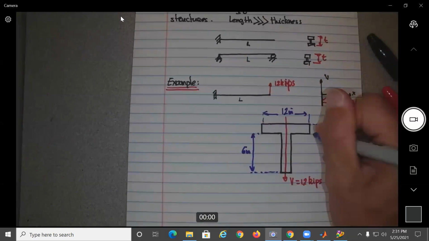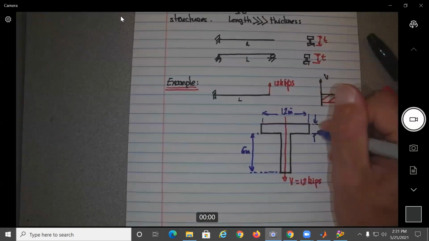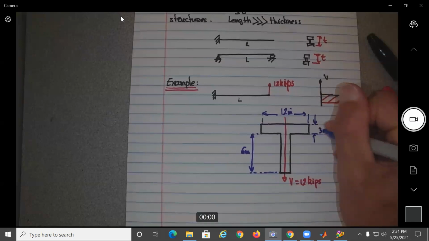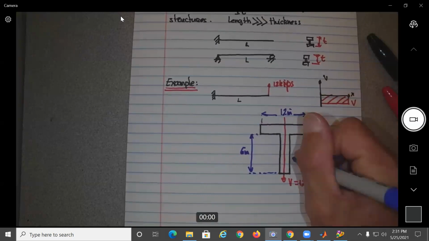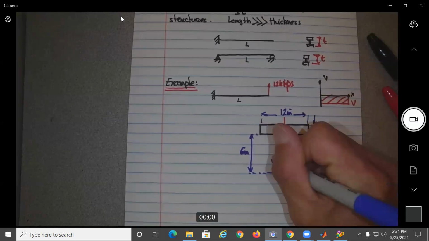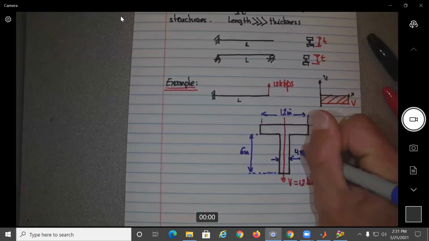The thickness of the top flange is 3 inches, and the thickness of the web is 4 inches.